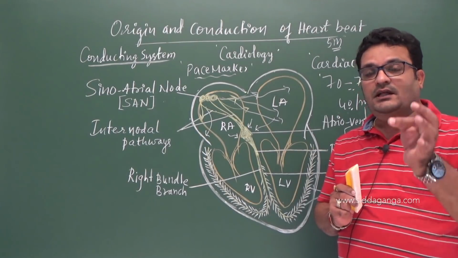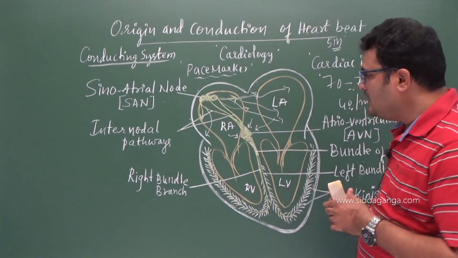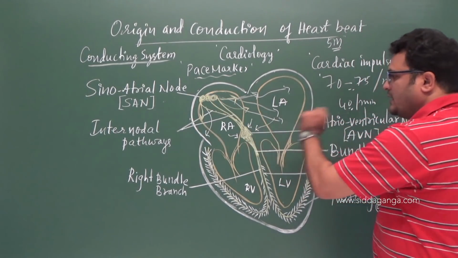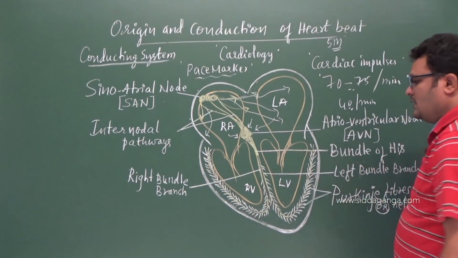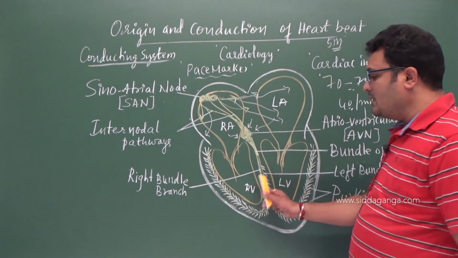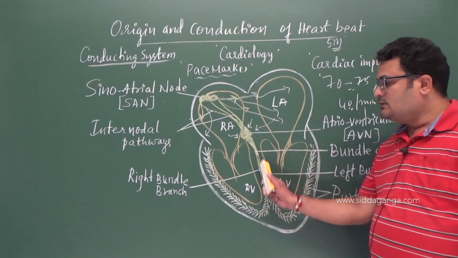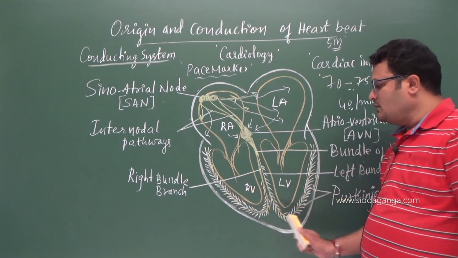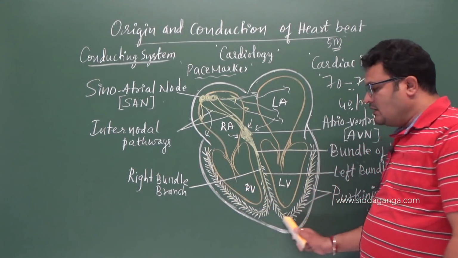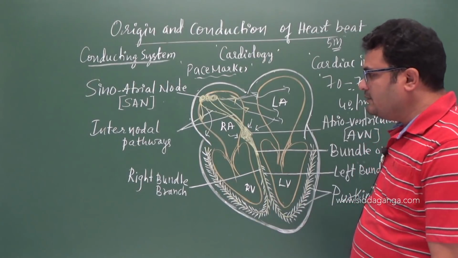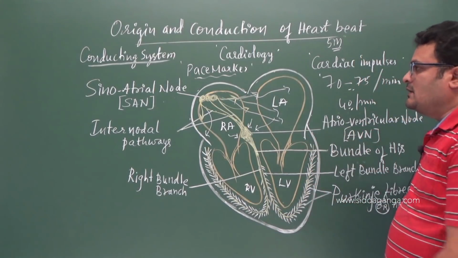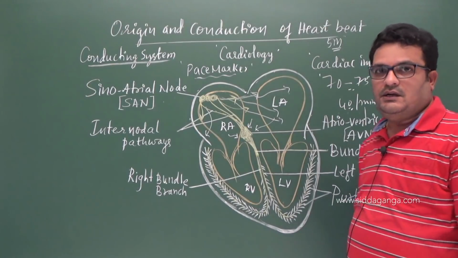As it initiates the impulses. This is very important. Know where the SAN is located, where the AVN is located, and what exactly the bundle of His is, which leads down in the interventricular septum. There are two branches, and each branch surrounds the ventricle of its side and produces a number of minute fibers called Purkinje fibers. This is how the conduction system can be studied.